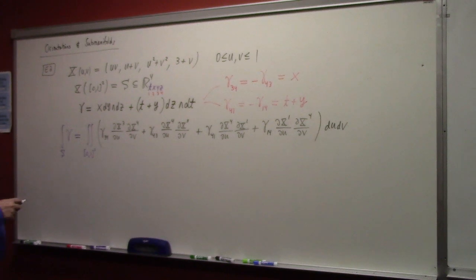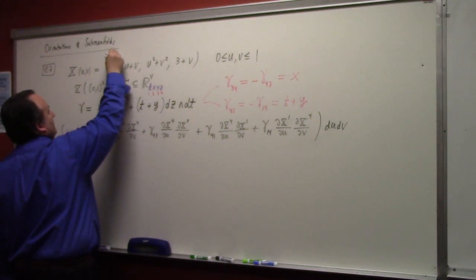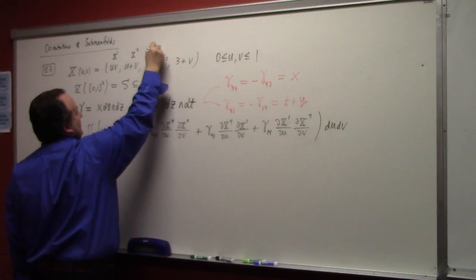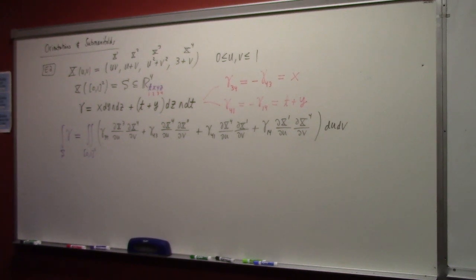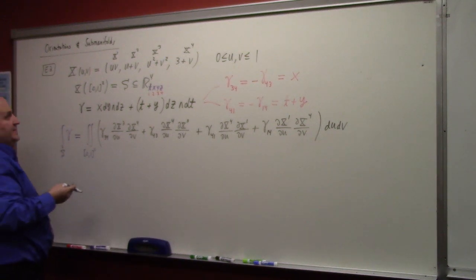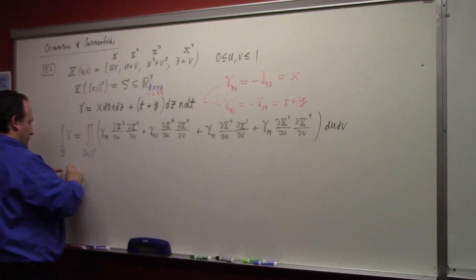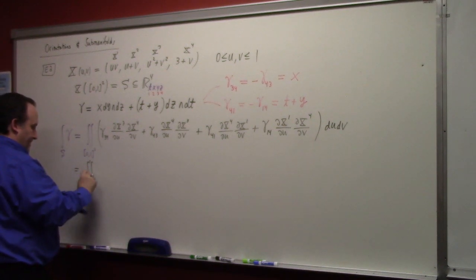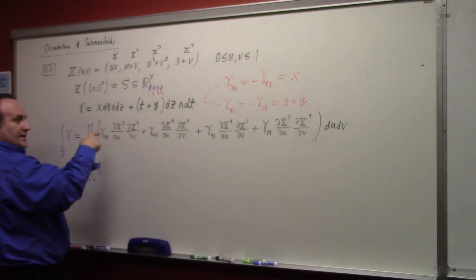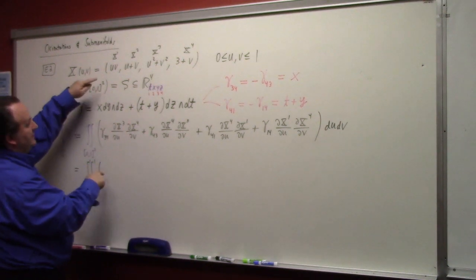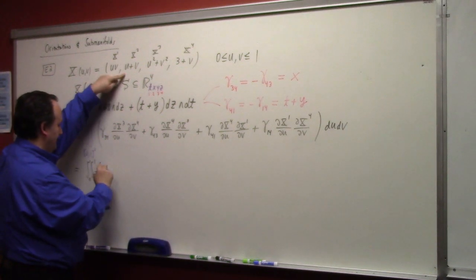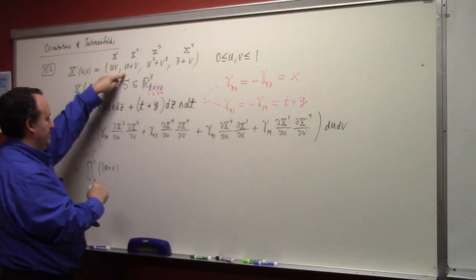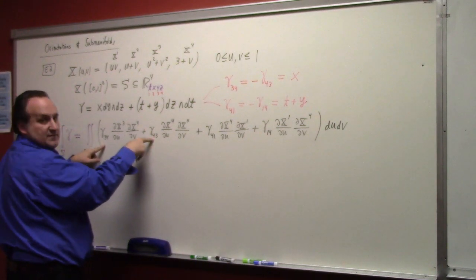All right, so this is my x1, this is my x2, this is my x3, this is my x4, right? And gamma 3,4 was x, but x evaluated at where? That's u plus v, and this is also u plus v, right?